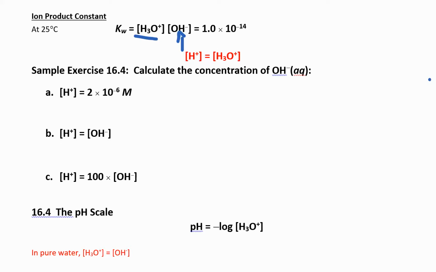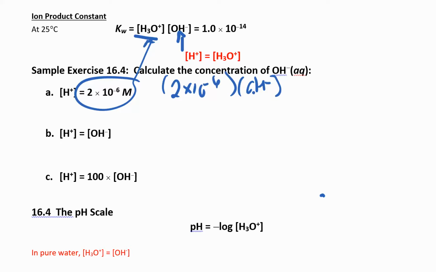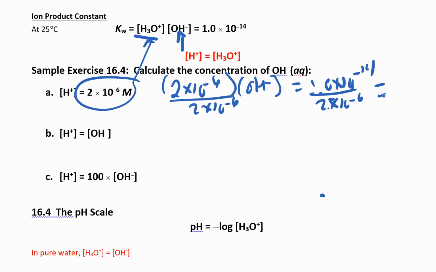So you can just plug that number into that equation. I have 2 times 10 to the negative 6 times hydroxide is 1 times 10 to the negative 14. So then you divide by 2 times 10 to the negative 6 on both sides. When you work that out, take a minute and plug it in your calculator.